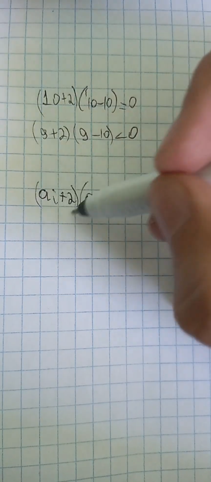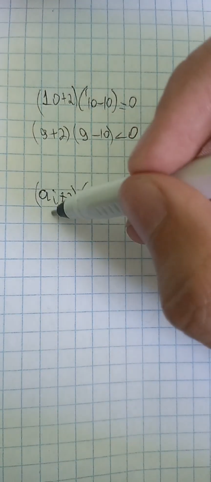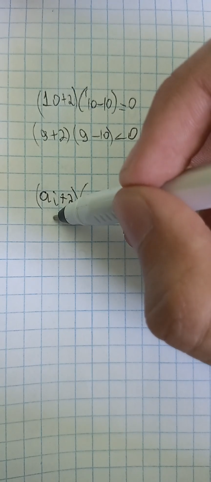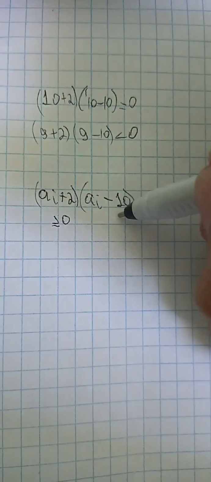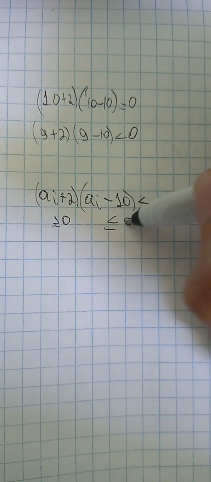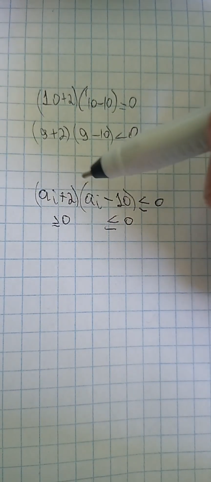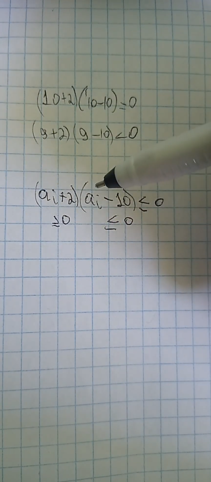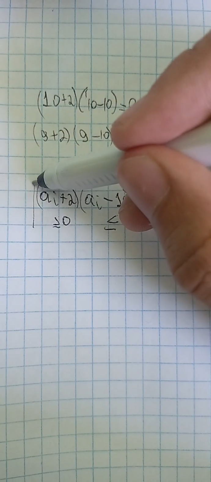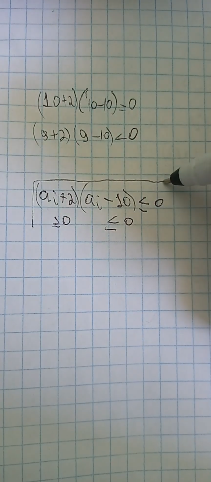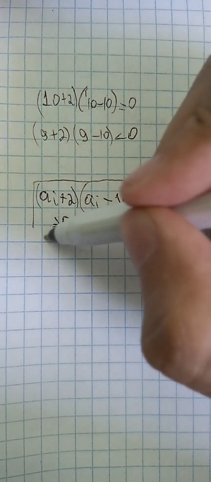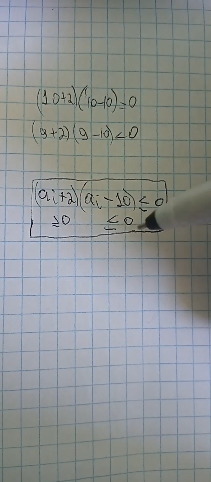This is because one factor is greater than or equal to 0, but the other is less than or equal to 0. That's it. So we used the interval which we are given in the problem, and we concluded this thing, which is important for solving this problem.